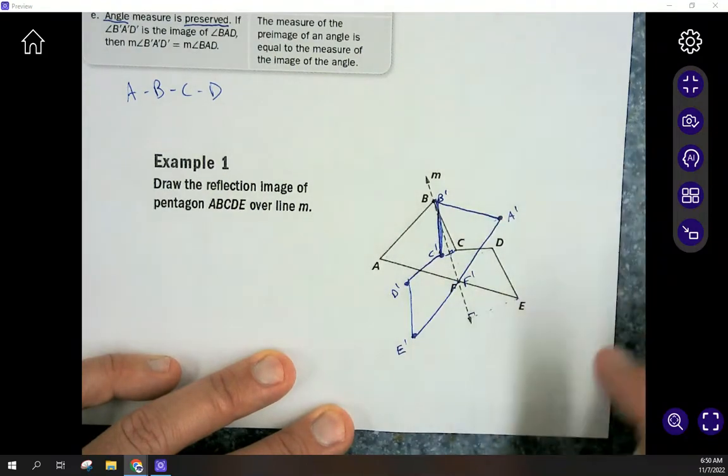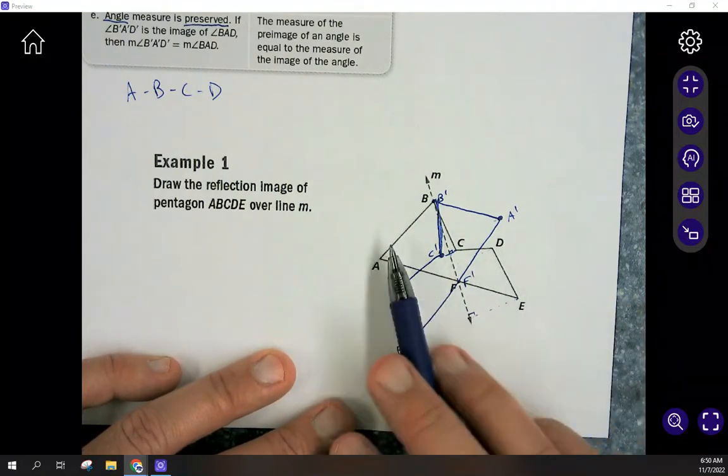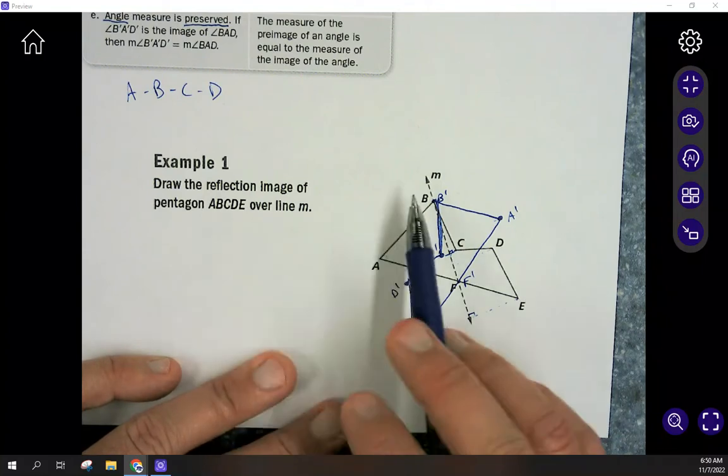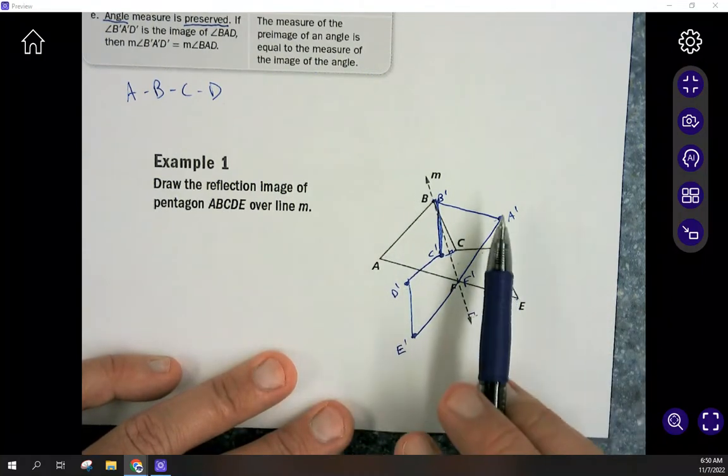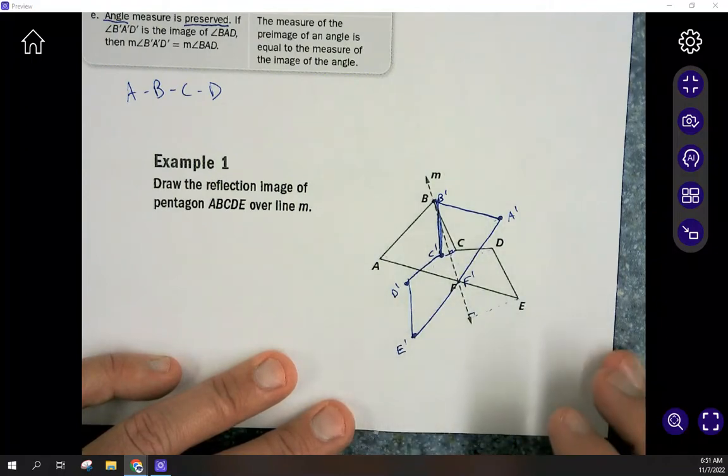That's okay, it's pretty darn good right there. So we have reflected A, B, C, D, E over line M. We just go point by point, reflect that point, and then connect those lines.